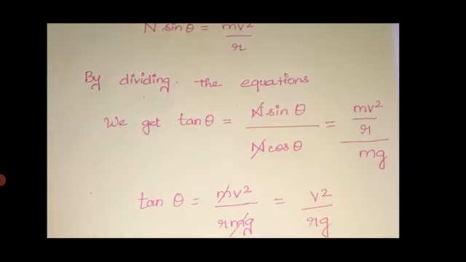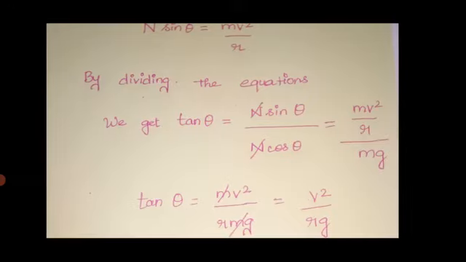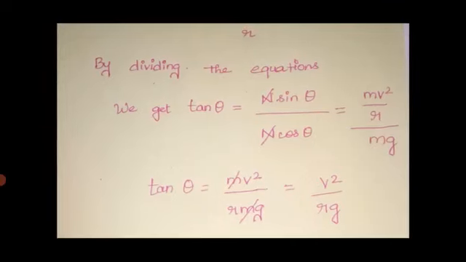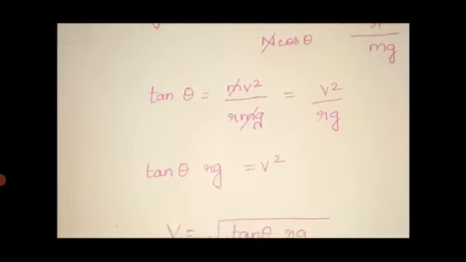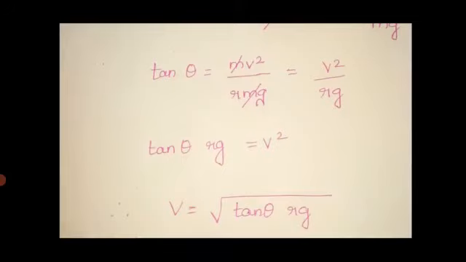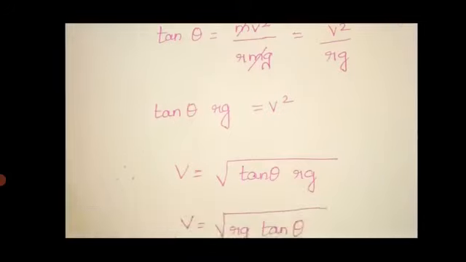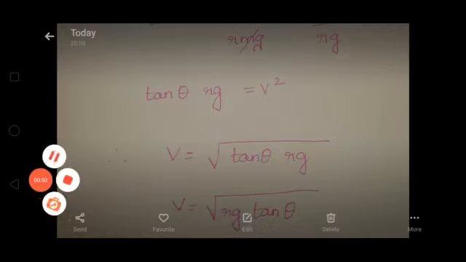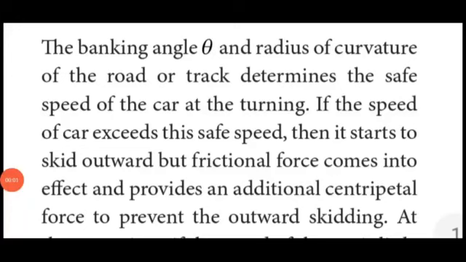Substituting the values, mv square by r divided by mg, the m gets cancelled, and it becomes v square by rg. So v square is equal to rg tan theta, and v is equal to the root of rg tan theta. So this is our value. We have found the value of the speed.